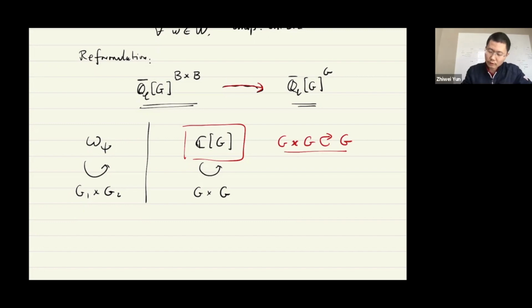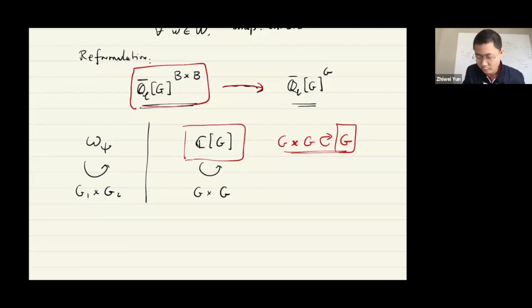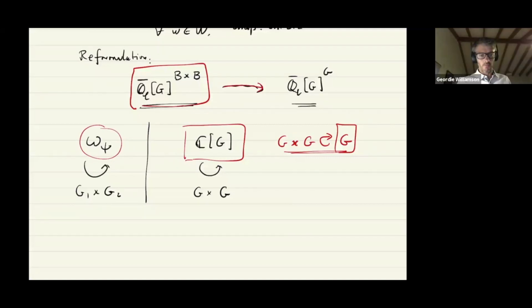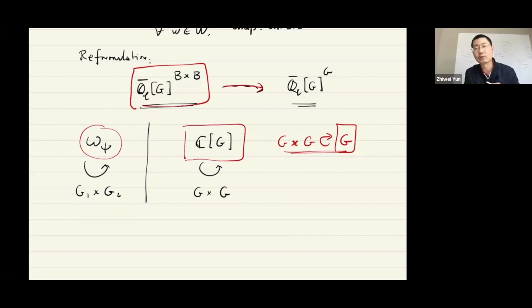So in this case it's more clear what to do geometrically. You have your variety, and you know what it means to take B times B invariant vectors: it just means B times B invariant functions. Here, we don't have such a model that allows us to see the whole symmetry.